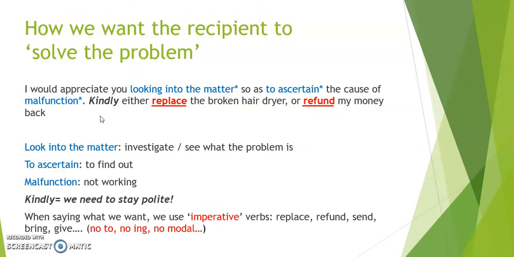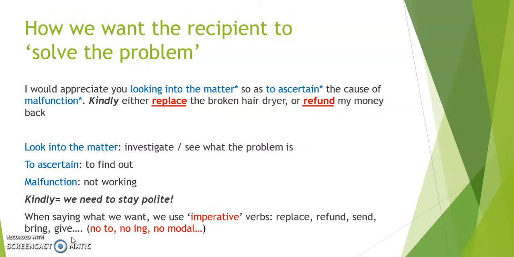Kindly, this is a different way of saying please again. Kindly either replace the broken hairdryer or refund my money back. So here specifically I'm being very clear and saying what it is I want. And when we want to say what it is we want, we use the imperative verbs.